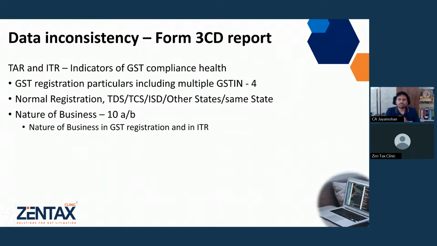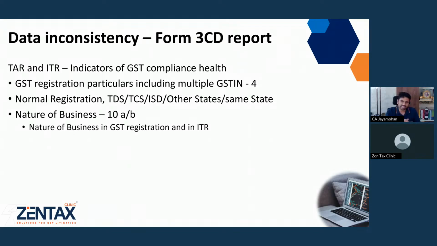As I mentioned earlier, we'll begin with the data inconsistencies, Form 3CD. From the GST perspective, you will have to give the list of GST numbers under your PAN. If you have multiple registrations across the states, all the registrations you have to report over here.